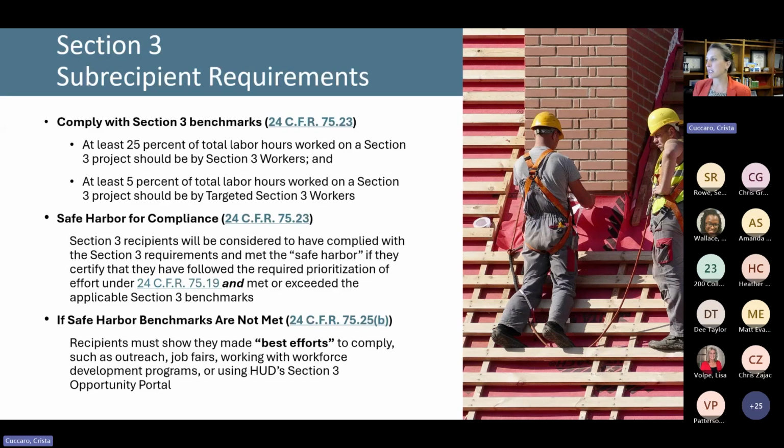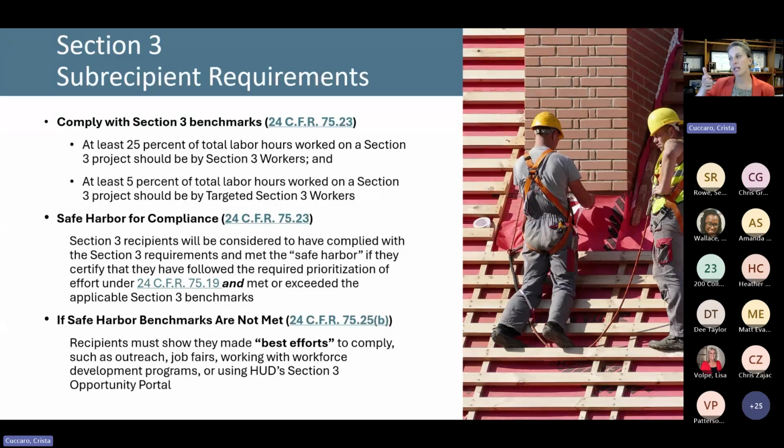These are the benchmarks that were adopted by HUD in 2020. HUD is obligated to review and update, if necessary, these benchmarks every 3 years. They took a look at these in 2023 and decided to keep them as is based on their 2020 calculations. So these are the ones that are in place, but of course, every 3 years, these could change, in 2026.